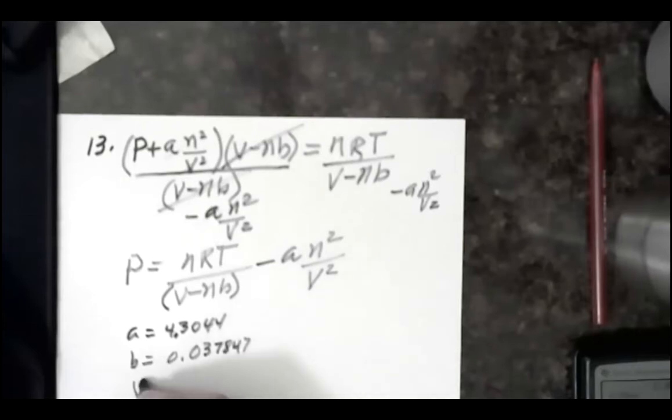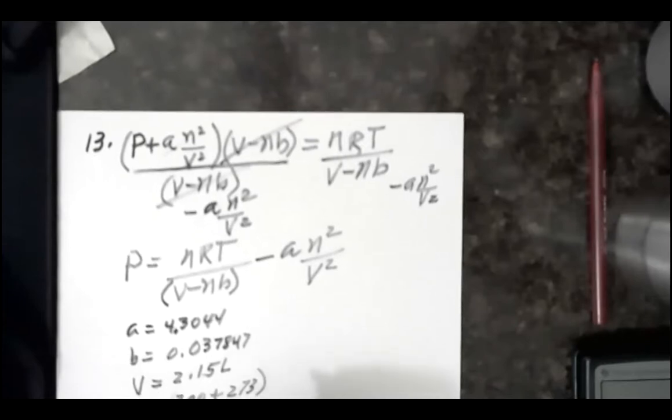And my volume is going to be 2.15 liters. My temperature is going to be 300 Celsius, so that's 300 plus 273.15.